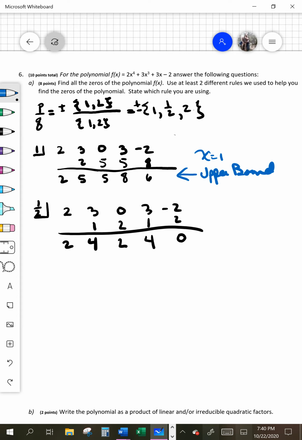And so if we have a remainder which is 0, we know that this is a 0 of our polynomial. So x equals 1/2 is a 0, and so x minus 1/2 is a factor.